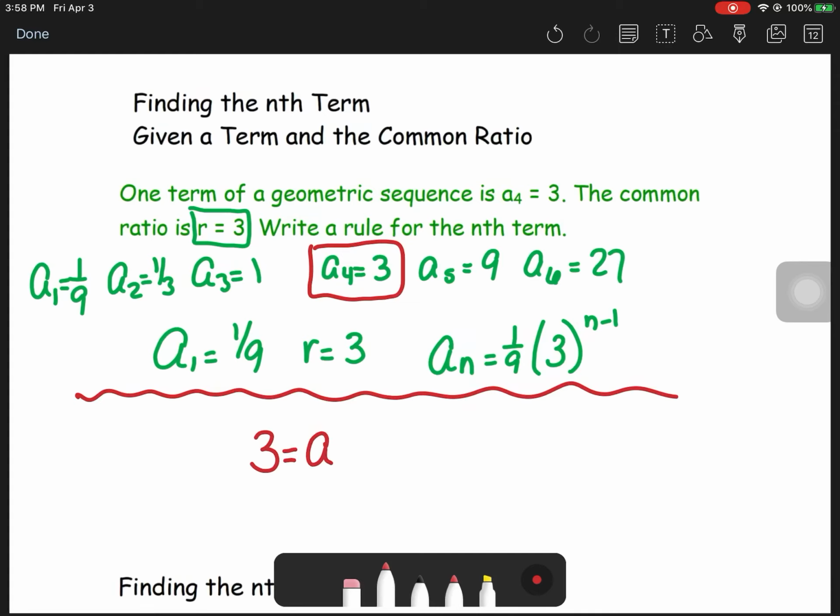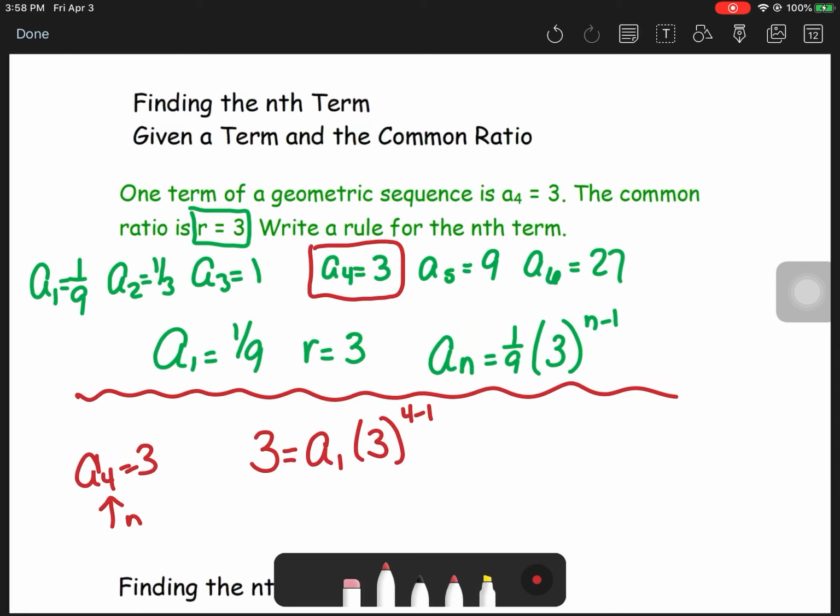I don't know the first term, but I do know my rate is 3, and I know that a sub 4 is 3, so my 4 is my n, so it's going to be to the 4 minus 1 power.